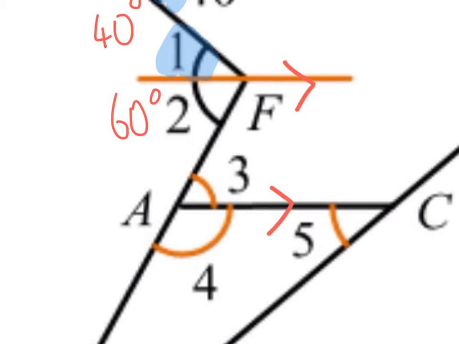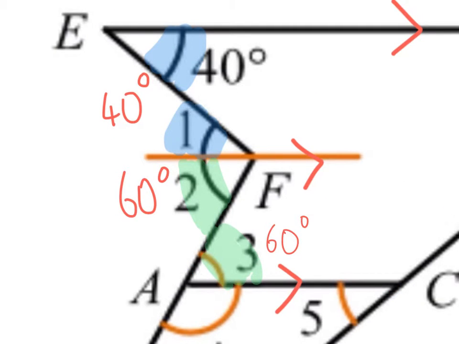Remember, alternate angles make a Z shape. Angle 40 degrees and angle 1 are alternate, so they make a backward Z shape. And angle 2 and angle 3 are also alternate, they make a forwards Z shape. So remember, alternate angles are equal.